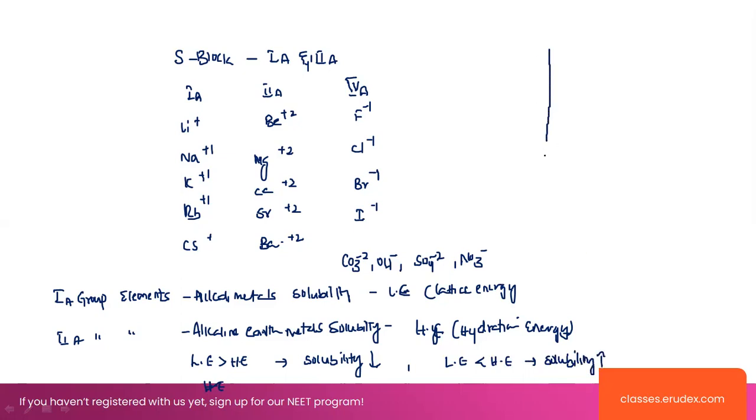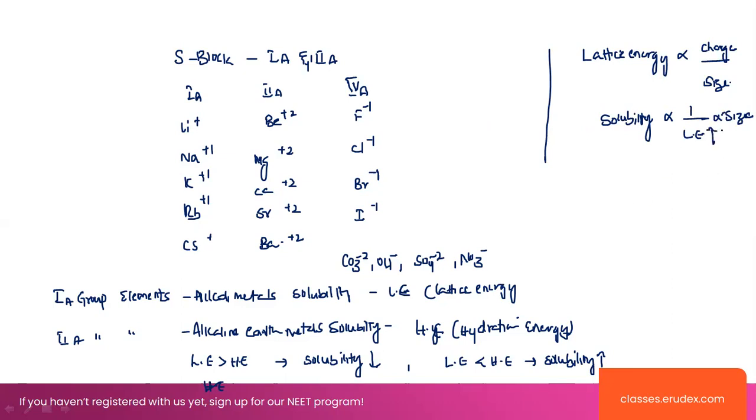Coming to the lattice energy, lattice energy is directly proportional to the charge and inversely proportional to the size. Whenever we are comparing solubility, solubility is inversely proportional to the lattice energy, and directly proportional to the size.